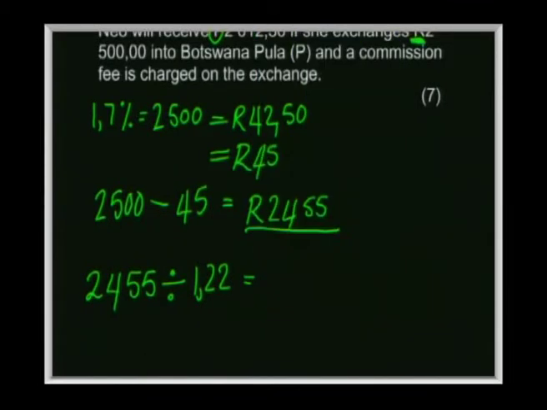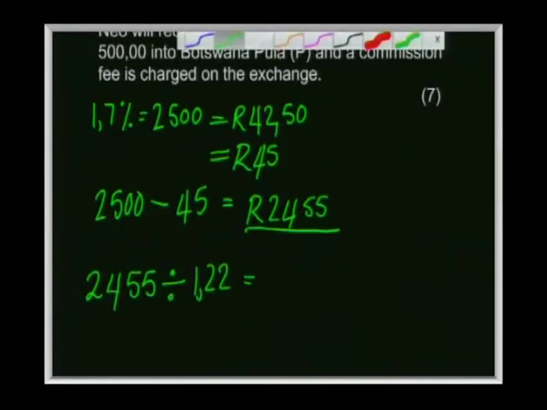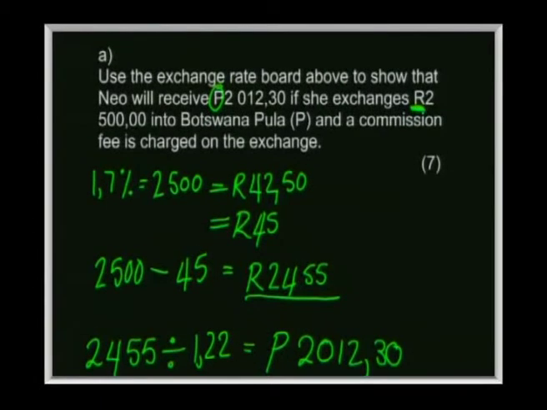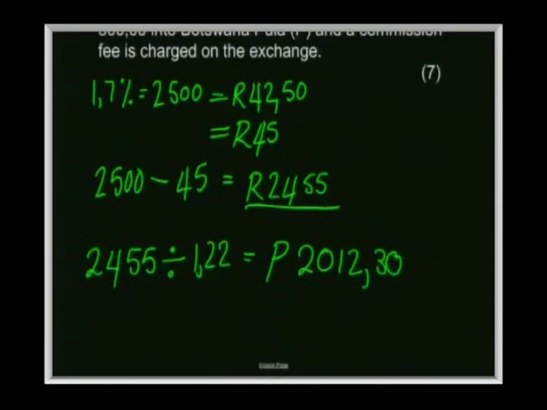So let's put this in over here, and we've changed it into pula, 2012.30, and let's see if that's the answer that we were wanting to get. And we've done it. 2012 and 30 cents of Botswana pula. We've done it. Let's move on to B.